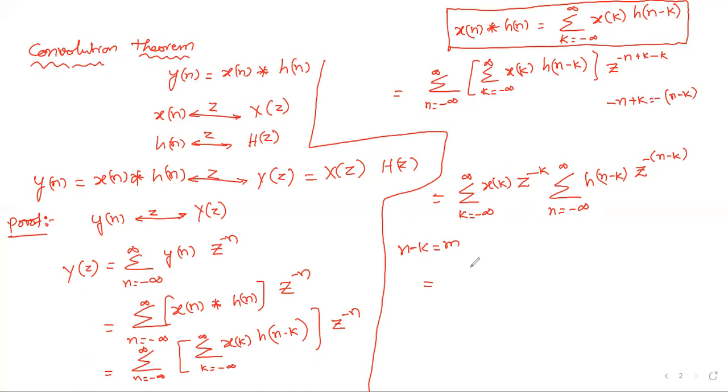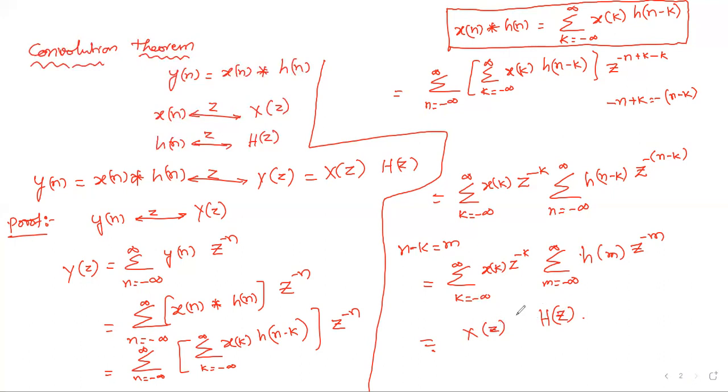Then summation k equal to minus infinity to infinity x of k z power minus k, summation m equal to minus infinity to infinity h of m z power minus m. So what is this expansion? X of z. What is this expansion? H of z. So this is the convolution property.